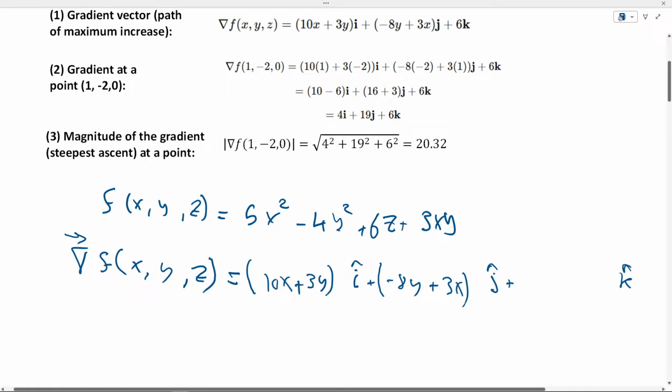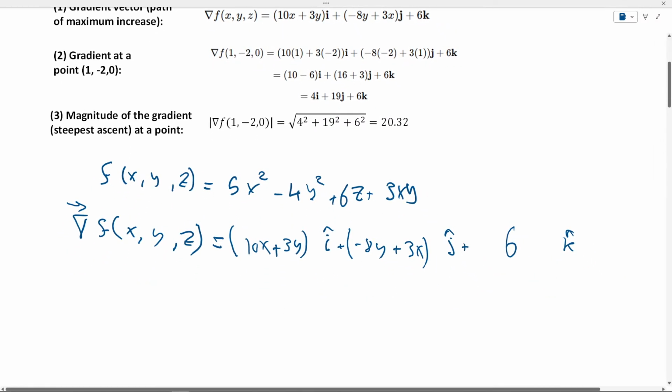And in the K direction, this is a constant, this is a constant, this is a constant. Here I get a 6. And this one here is a constant.